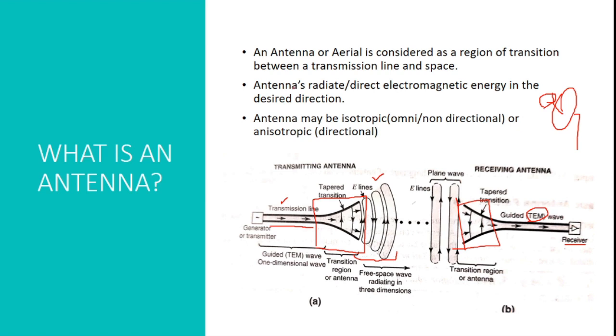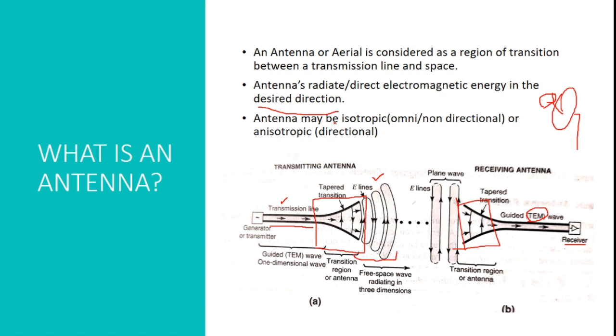So, we can also define an antenna as something that radiates or directs electromagnetic energy in the desired direction. So, it is not only that it radiates energy in all directions, we can also design antennas that can transmit or receive energy in one particular direction. And the third thing of what an antenna might be.